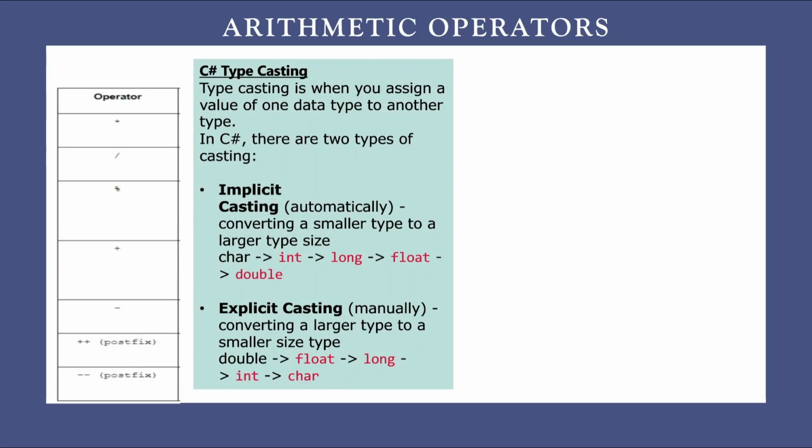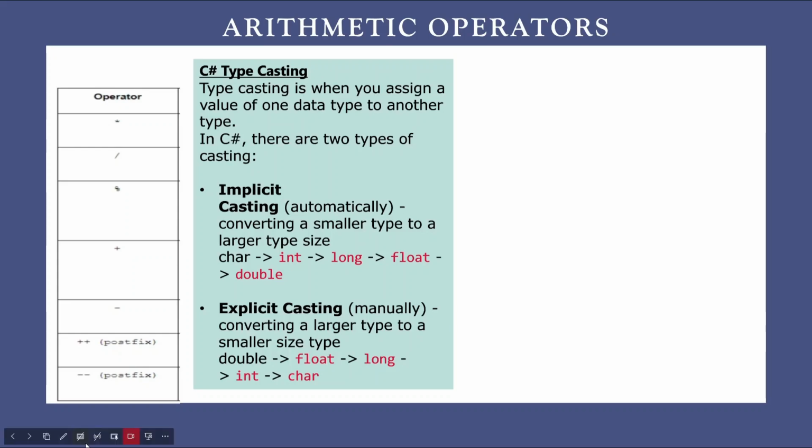Typecasting is nothing but when you are trying to assign one data type value to another data type, that value has to be converted. Typecasting can be done in two ways: implicit typecasting and explicit typecasting. Implicit typecasting is nothing but automatic conversion.